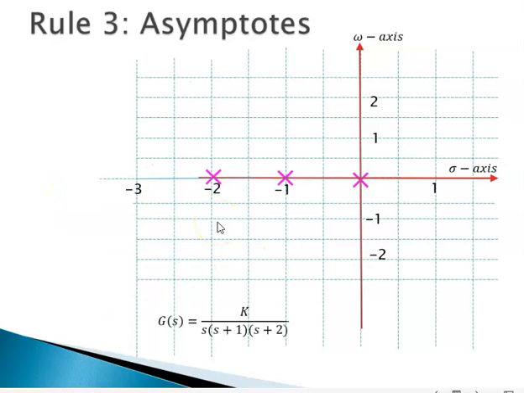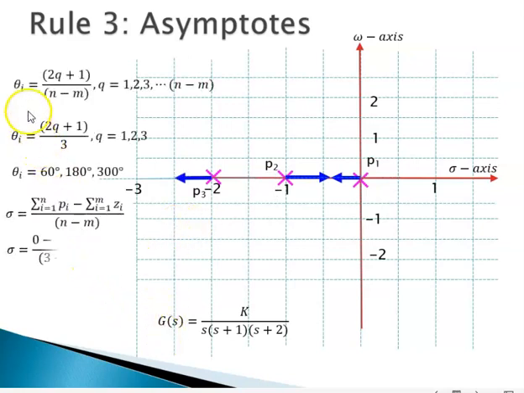And then we will go on to rule 3, that is asymptotes. Again, we will show poles P1, P2, P3, and we say that sigma P minus sigma Z, that is 0 plus -1 plus -2 divided by 3, is -1. So all the asymptotes meet at this point, and the angles are 60, 180 and 300. Let us show these.